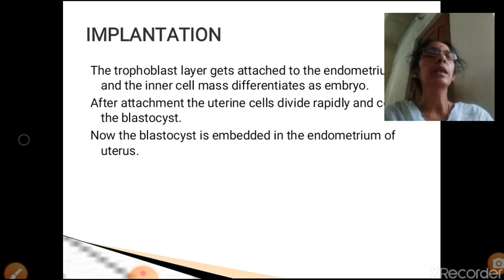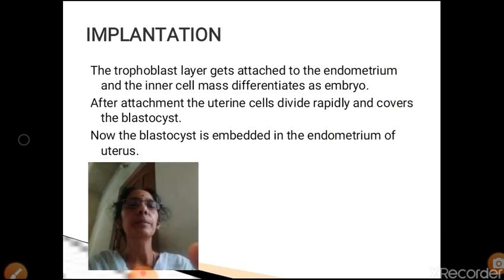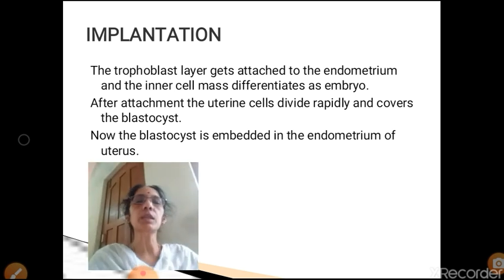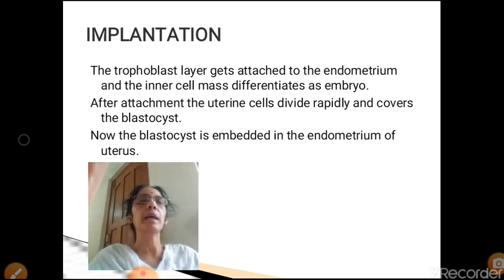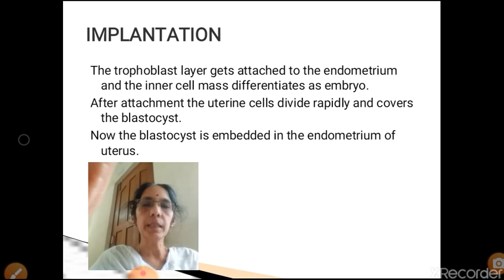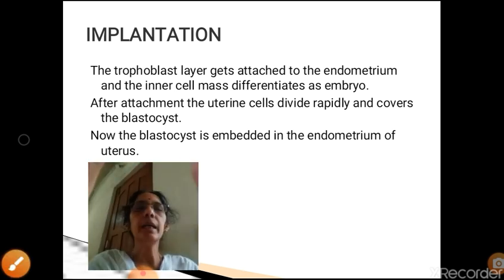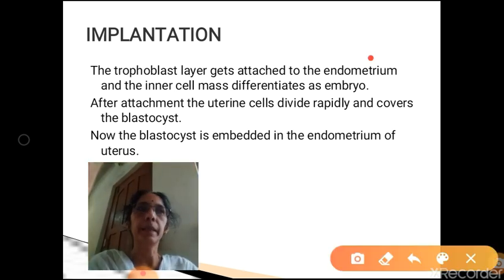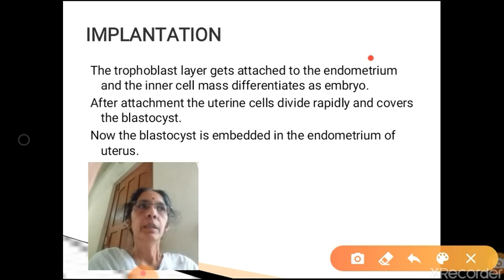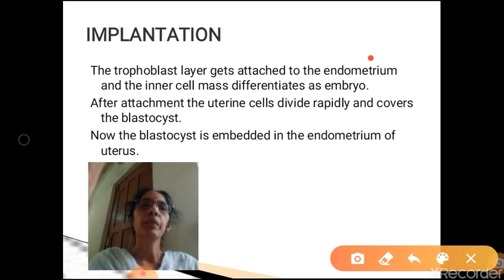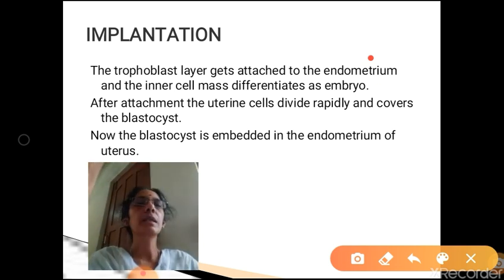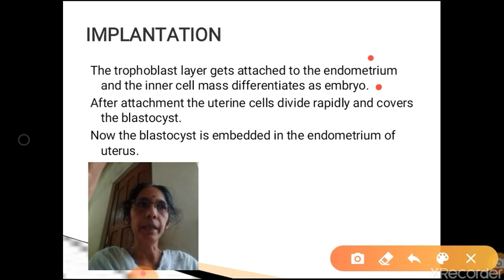So the outer layer of the blastocyst is called which one? Trophoblast. Now the trophoblast layer is attached with the endometrium. The outer layer of the blastocyst is called the trophoblast. That is attached with the endometrium. And the inner cell mass will differentiate and form the embryo.